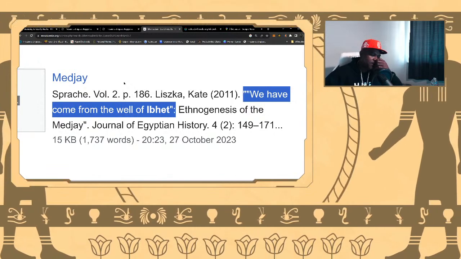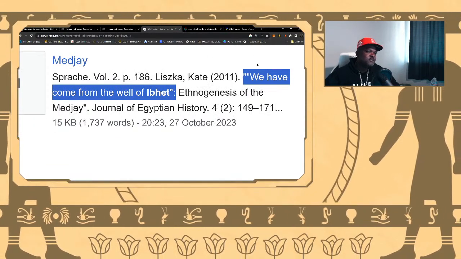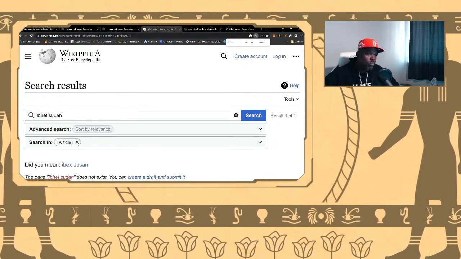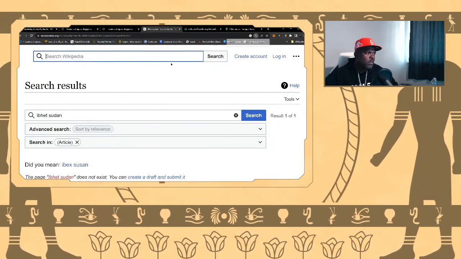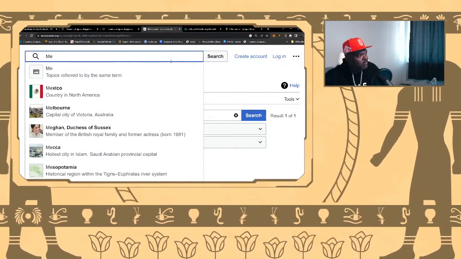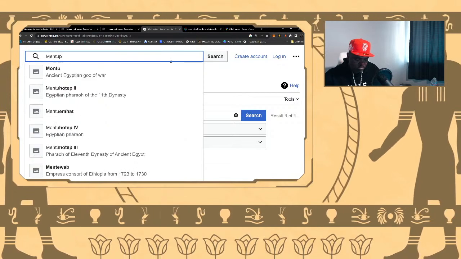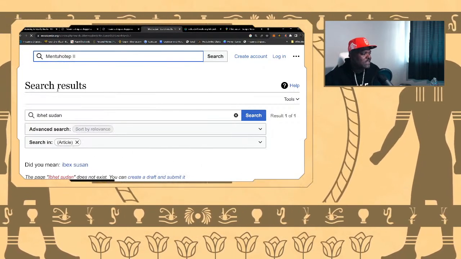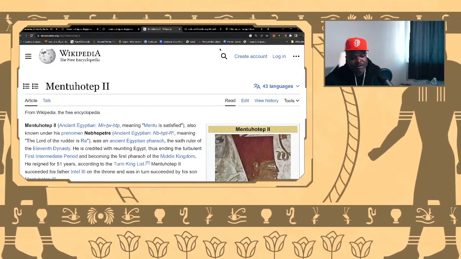Why is this significant? Because we go to Mentuhotep II. And we know where he got his people from. Now you start to see other reasons how you gonna know.